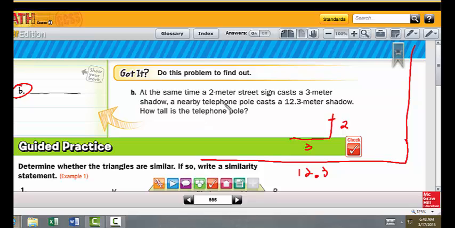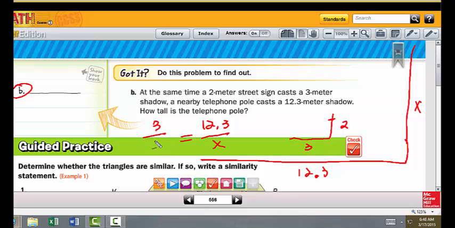So as with all proportions, there are going to be many different ways to set this up. The way I'm going to do it is like this. We have 12.3 over the unknown of x is equal to, I did this a little bit backwards, but we have 12.3 here, so the shadow, so we have to start with the shadow here.